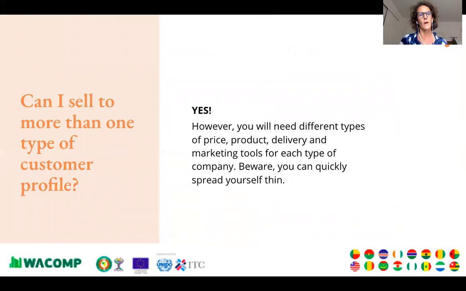A question we hear often is, can I sell to more than one type of customer profile? The answer is yes. However, you will need different types of prices, product, delivery, and marketing tools for each type of company. So be wary, you can quickly spread yourself too thin.